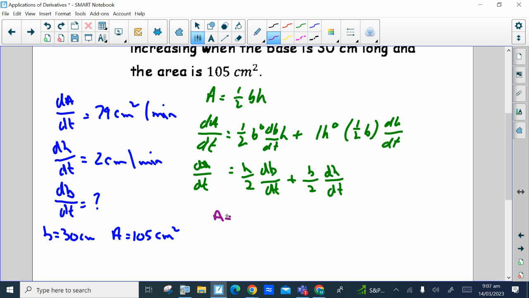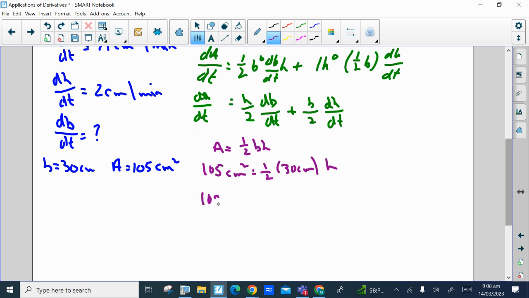So let's do that. Again, the area of a triangle is 1/2 base times the height. We're given the area to be 105 centimeters squared. We're given the base to be 30 centimeters. We want to find h, the height. So 1/2 of 30 is 15. So that'll be 15 centimeters times h, the height.